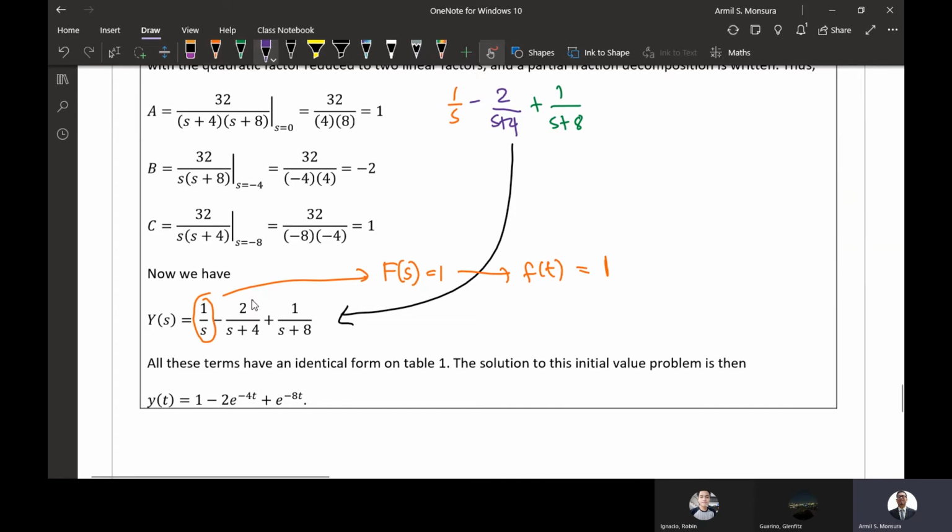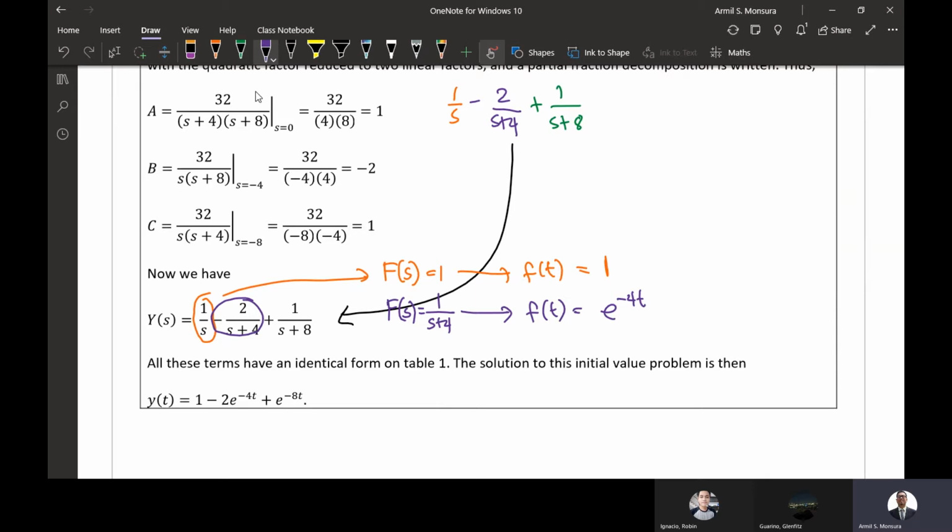Ito naman pangalawa. Okay? Kung ang F of s ninyo ay 1 over s plus 4, ang magiging transform natin dapat dyan is an exponential, that is e raised to negative 4t. Okay? So, ma-verify nyo yan dun sa table ulit natin, sa table 1.